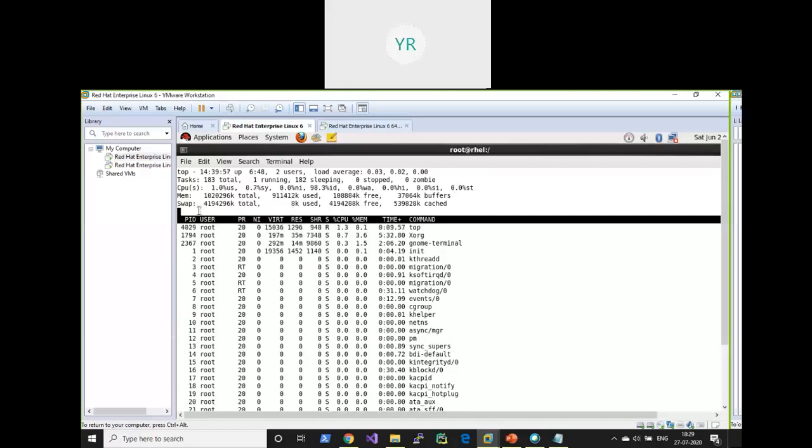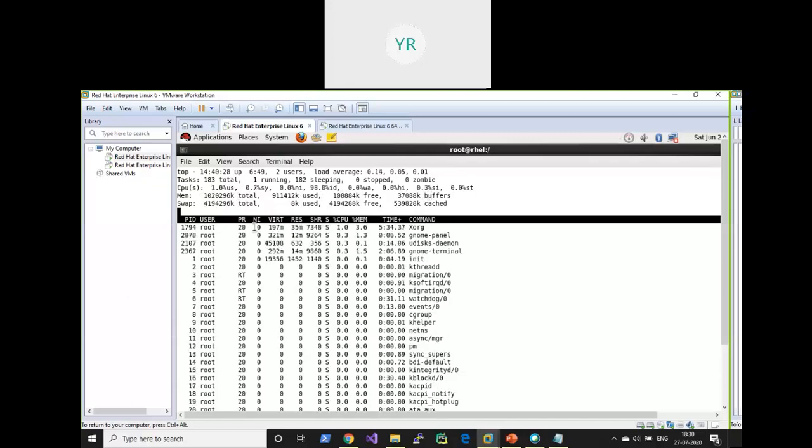Next, the fourth one is memory. Memory is nothing but RAM, physical memory. Here it gives the information on total physical memory, which is almost 1 gigabyte, out of which how much is used, how much is free, and how much is buffered.